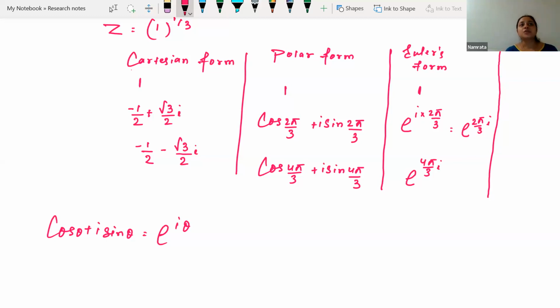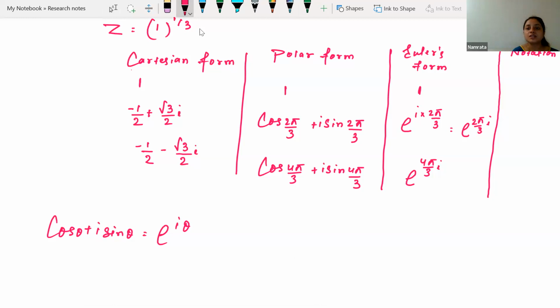Notation means the way we represent an angle by using theta, or by using alpha. So let's represent these values, our answer, by using a notation. Mathematicians have selected a notation so that we don't have to keep saying 1, -1/2 plus √3/2i, -1/2 minus √3/2i. A standard notation we can take, and every time we'll use that notation only.